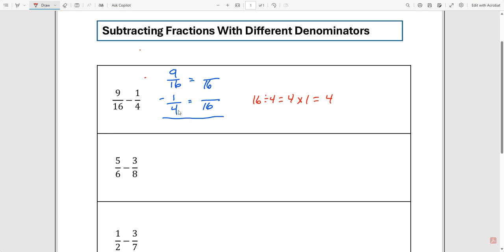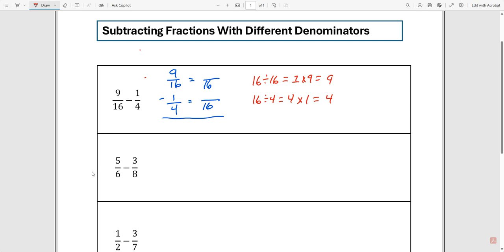Okay, and then for the 9/16, we have here 16 divided by 16, and that is equal to 1. And then we'll multiply that 1 times the numerator, 9. So then 1 times 9, and then that equals 9.